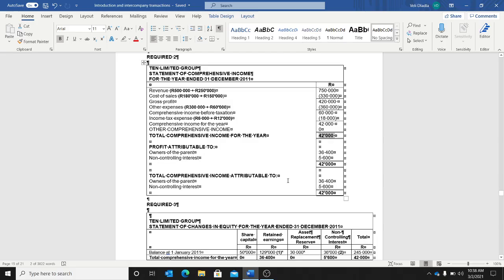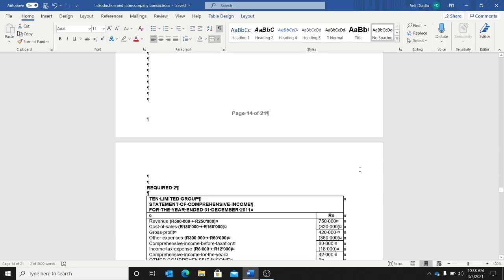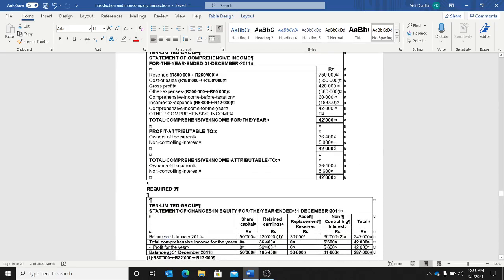Now the first thing that you must know is this. When we look at this figure here that I've highlighted, this figure must always match. When I'm marking, I will check this figure and say, oh, you put 5,600 here, then I will come here and say, what is the figure that is sitting in date number 3 under non-controlling? You see it's 5.6, so it must match this one. And obviously, at some point here, it's matching this one.